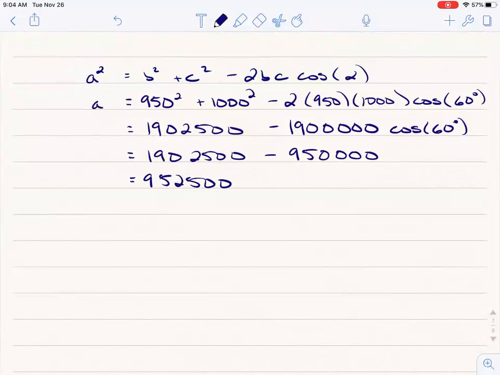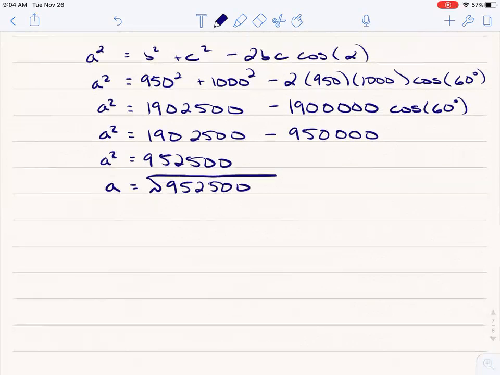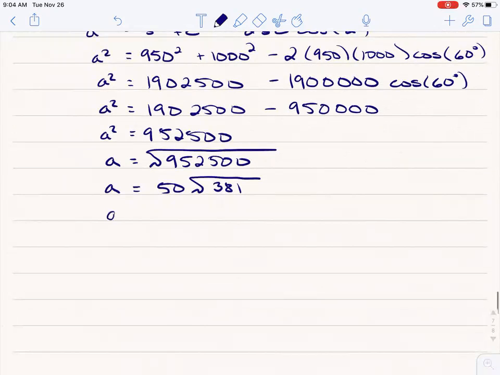We've got A squared all along here. Solving for A, we have to take the square root of 952,500. Oops, I almost squared it. The exact answer is 50 root 381. But of course, that doesn't really tell us much.